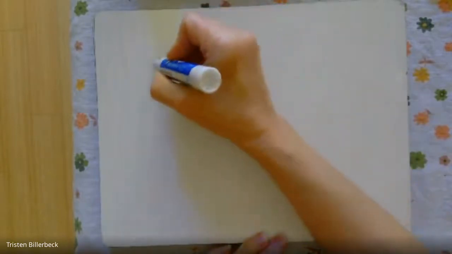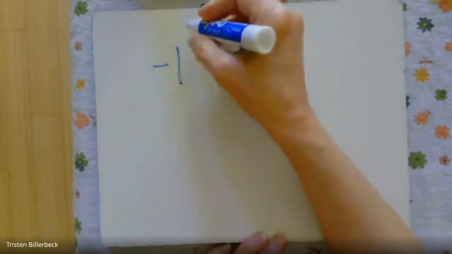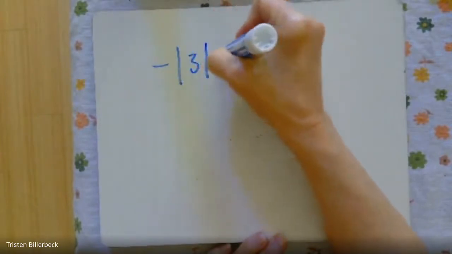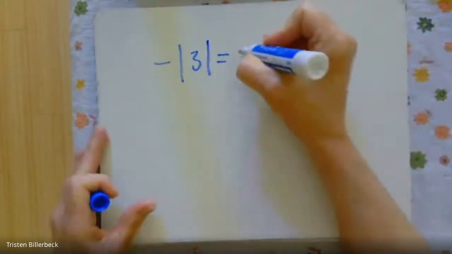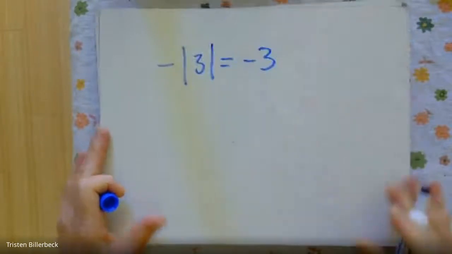So if we have a situation where we have a dirty laundry room, then we would have this equals negative 3 still.